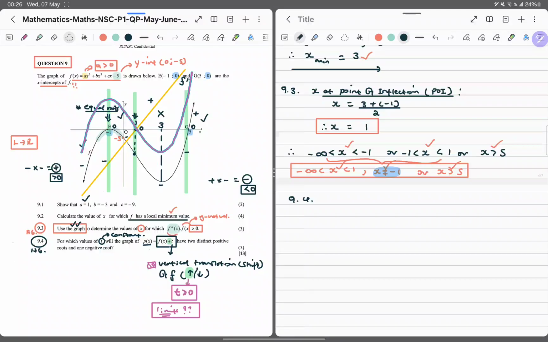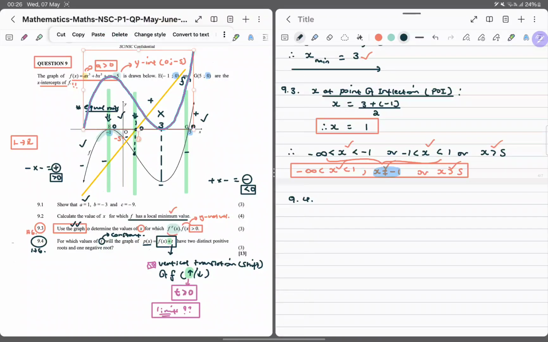Keep moving, however many units this is going on, and we still have a positive root and a positive root, and these two are distinct, meaning they're different. Then we still have one single negative root, and we keep moving. How about we move it up until the turning point is just sitting on the x-axis.